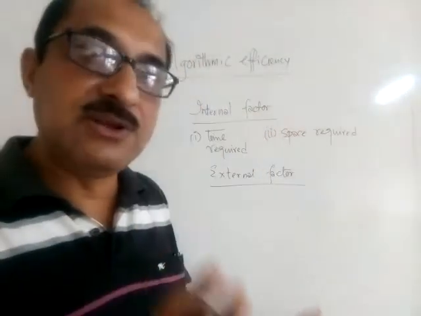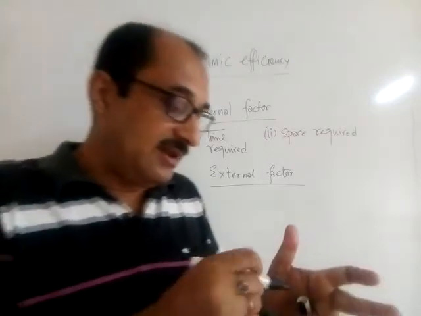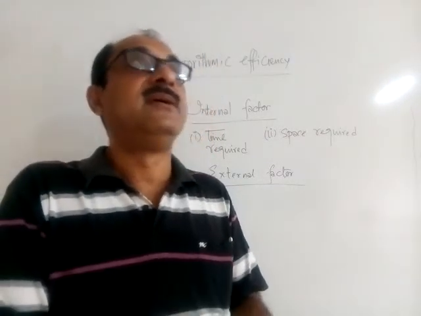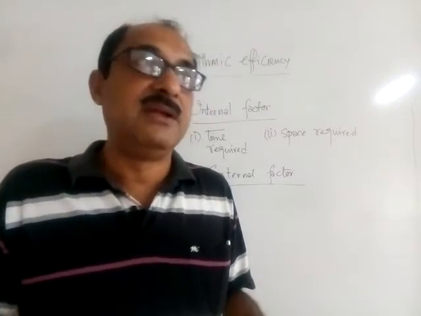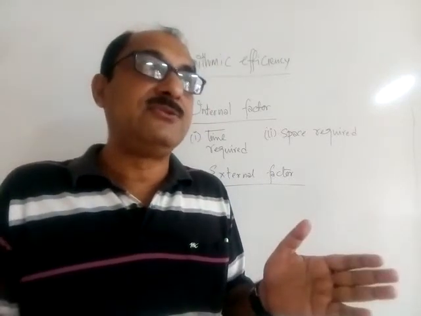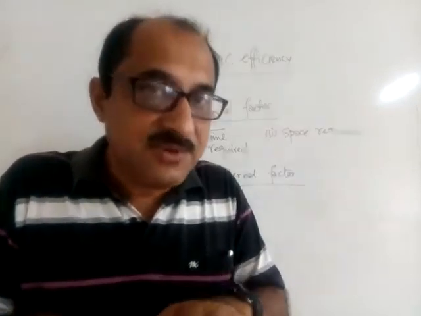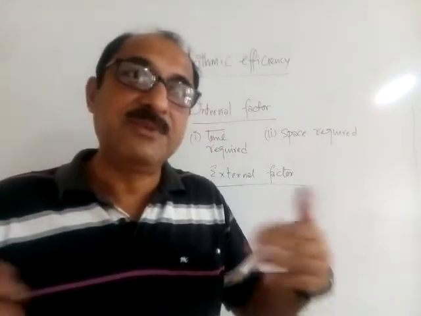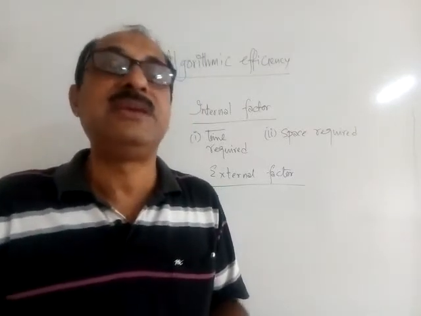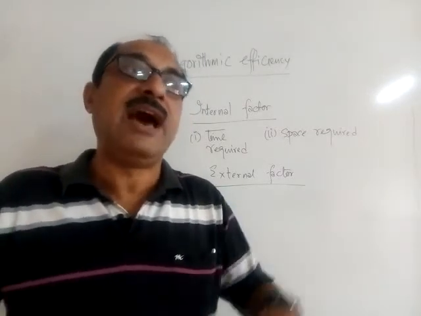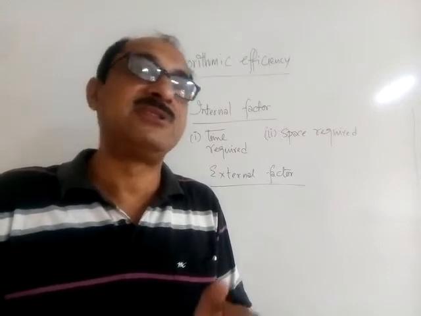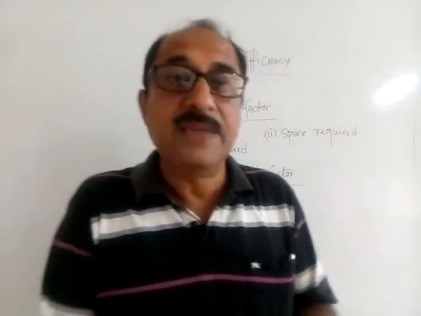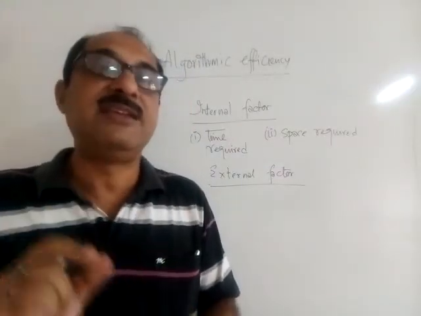And the second item, which plays an important role, is the space required. Okay? Time required and the space required. Fine? Space required means how much space it will cover. If you remember, while writing the programs, many times I mentioned that when you write a program, your target should be to take as few variables as you can.